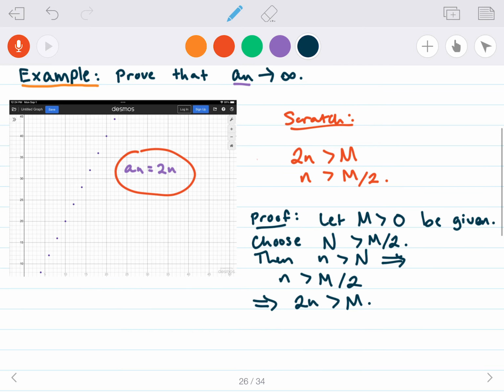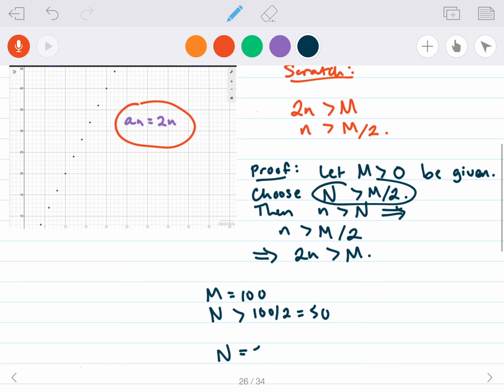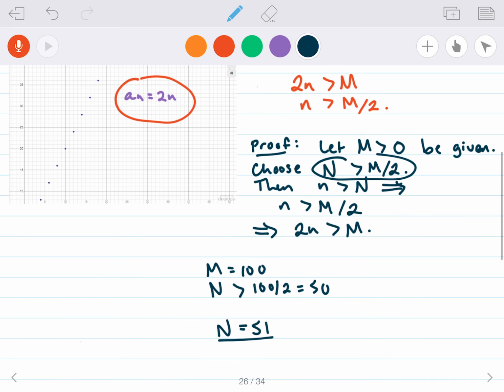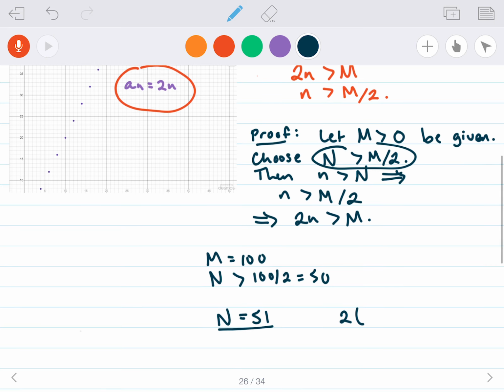You can think about it like this: if I give you m equal to 100, you can choose your capital N to be bigger than 100 over 2, which is 50. So if I choose capital N equals 51, this should all work out. Whenever little n is bigger than capital N, if I look at the 51st term in my sequence, I get 2 times 51, which should be bigger than m.